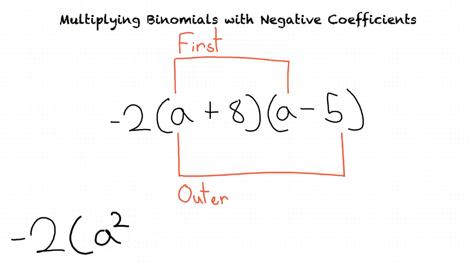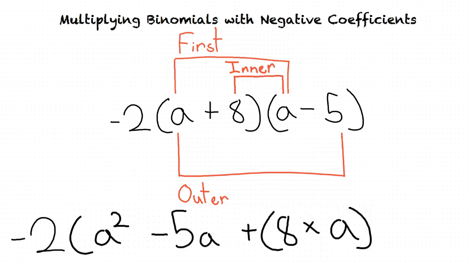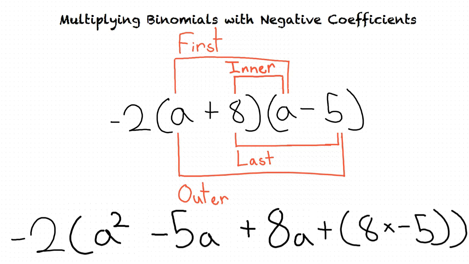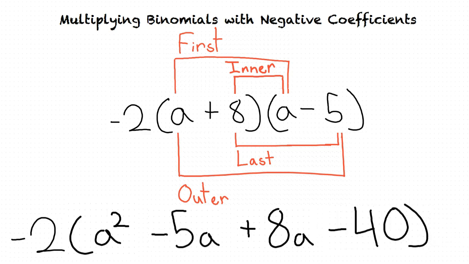With our outer terms, our result is a times negative 5, which multiplies out to negative 5a. With our inner terms, our result is 8 times a, which multiplies out to 8a. And finally, with our last terms, our result is 8 times negative 5, which multiplies out to negative 40.